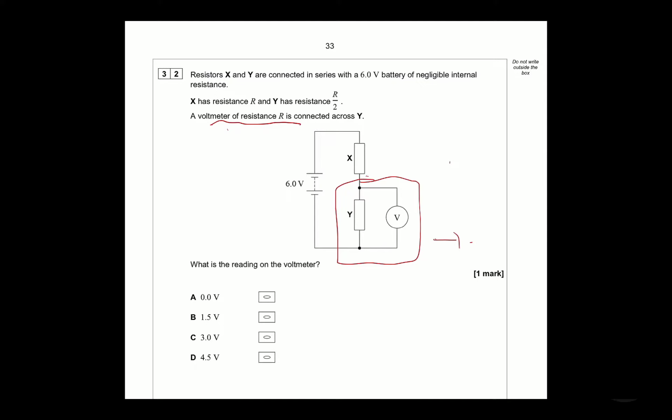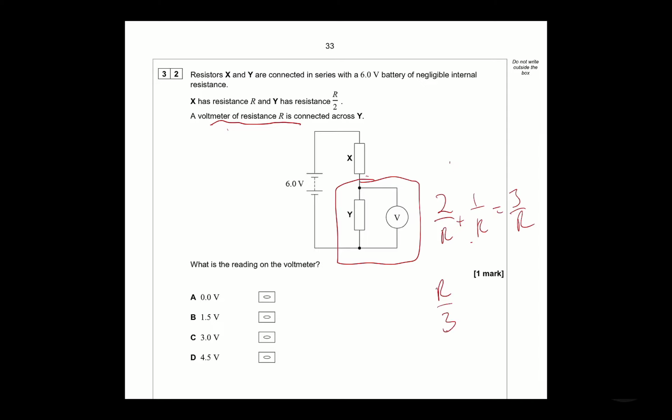And actually what will be the reading on my voltmeter, because this is really badly designed, will be 2 over R plus 1 over R equals 3 over R. So it's actually R over 3.